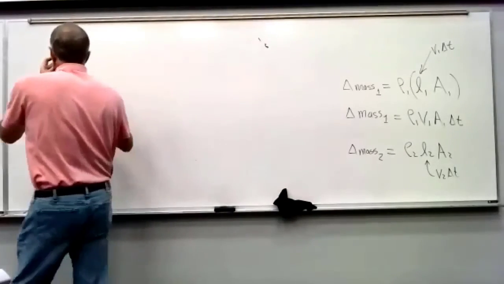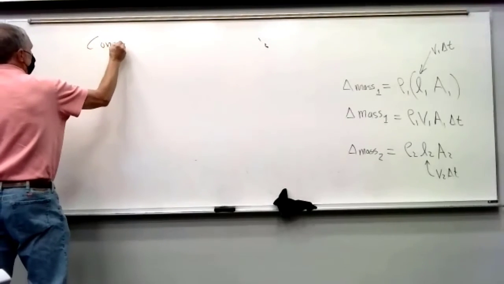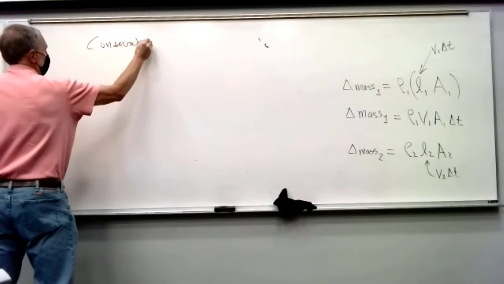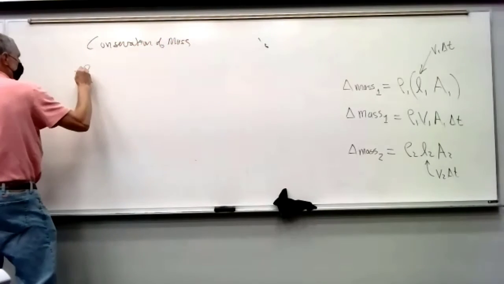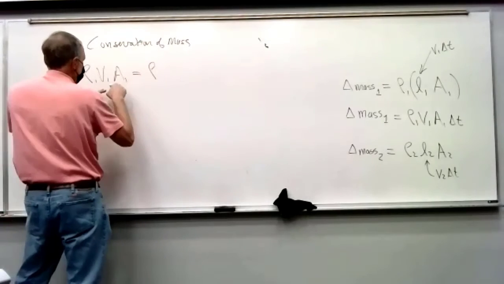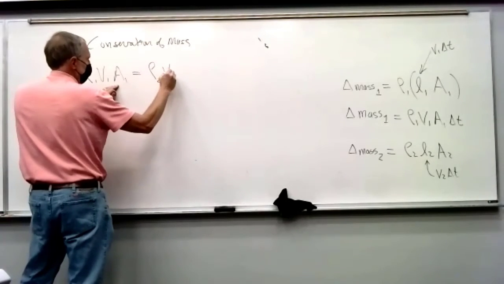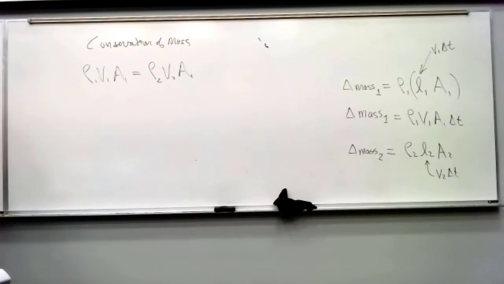And it says that the mass flow rate into a tube of area 1 has to equal the mass flow rate out the other side of an area 2. And that applies to anywhere in a duct, as long as we know the area.